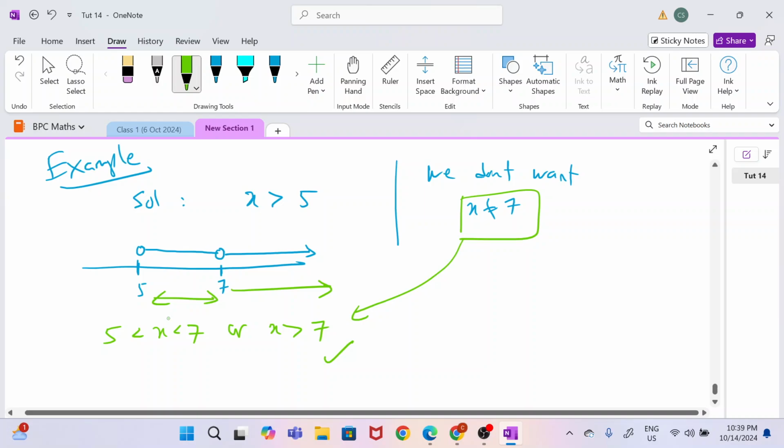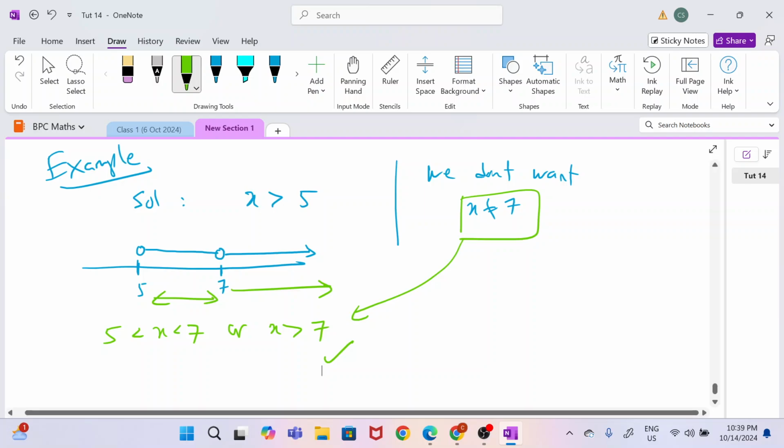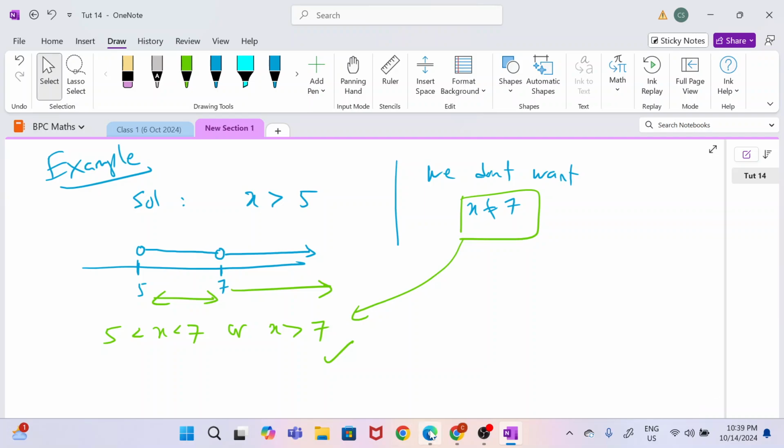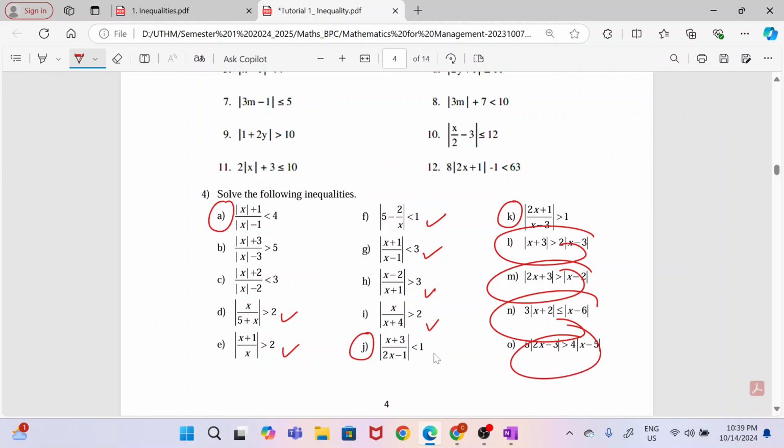Okay, never mind if you don't understand, we can still have class on tutorial and all these things. So I have taught you this, so you can do this one, this one, this one, this one. Left is I yet to teach you this type of question, 4 types of question.